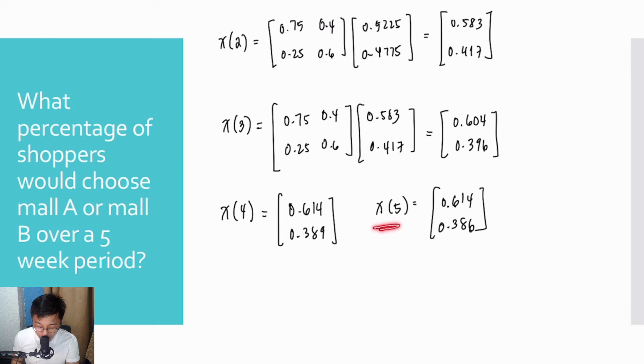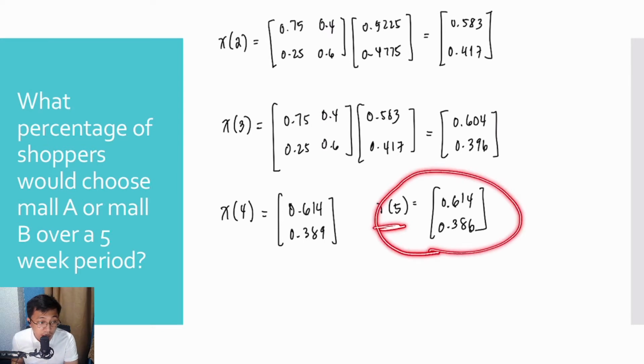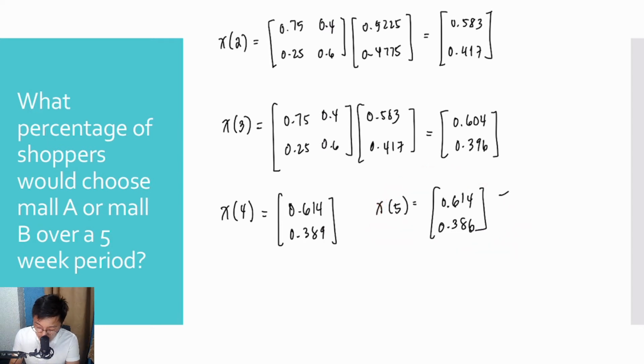So we'll now interpret. It means that after 5 weeks, this is the state of the percentage of the shoppers at mall A and mall B. That means 61% of the shoppers are at mall A, and almost 39% of the shoppers are at mall B. Okay, so that's the state vectors for a 5-week period.